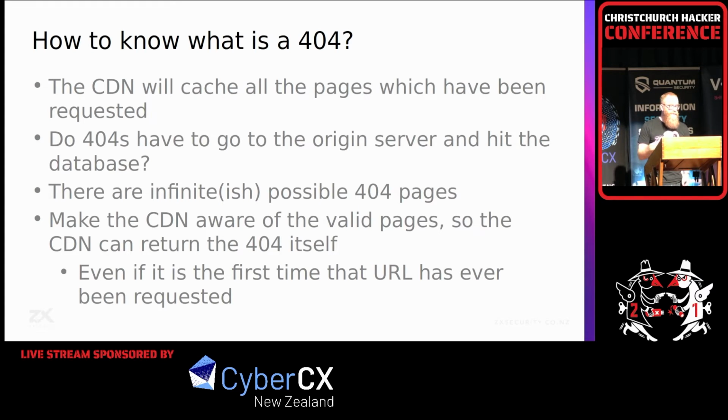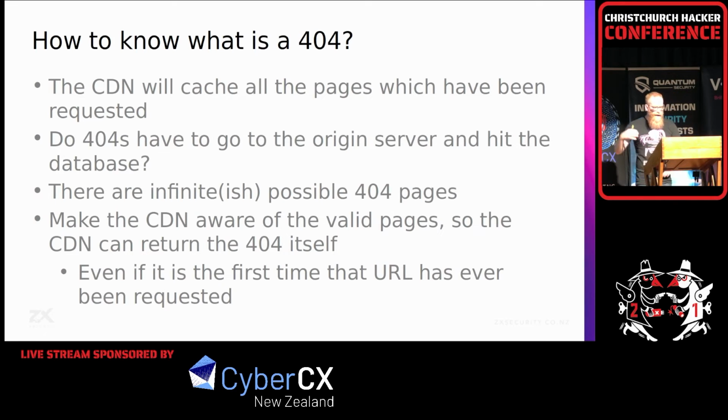That was because we were generating random URLs, which resulted in 404s. The CDNs were really good at caching pages which had been requested before, but we're sending in random URLs that haven't been seen before, resulting in 404 pages. And depending on the content management system, 404 pages can be quite expensive to check for, because it might check the pages table, it might then check the redirections table, it might check the people table, it might go and check the tags table.